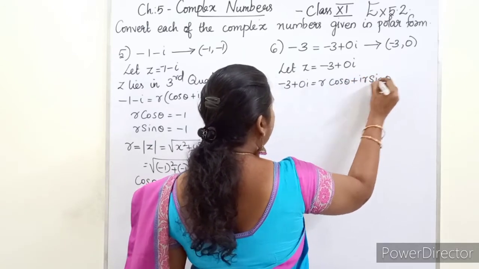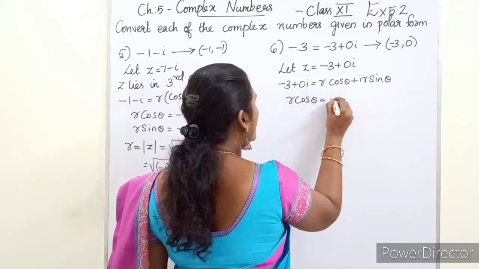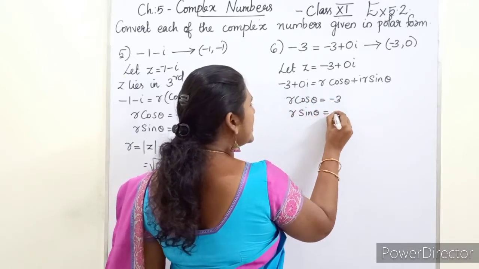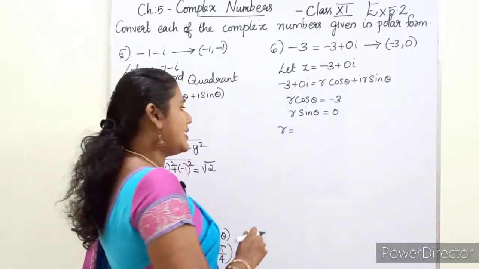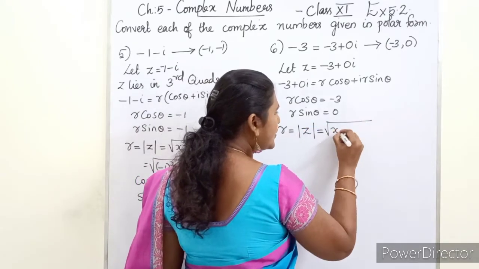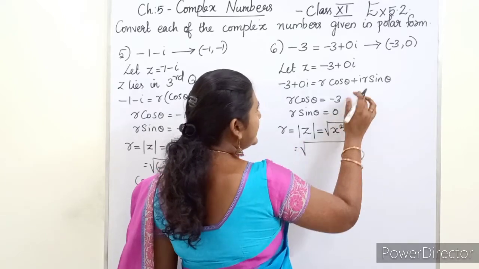We will compare the real part and imaginary part. So r cos theta is equal to minus 3, r sin theta is equal to 0. Now we will find the r value. r is the modulus value. Modulus of the complex number, mod z equal to root of x square plus y square, that is root of, what is x?